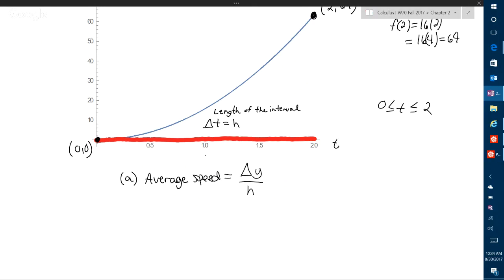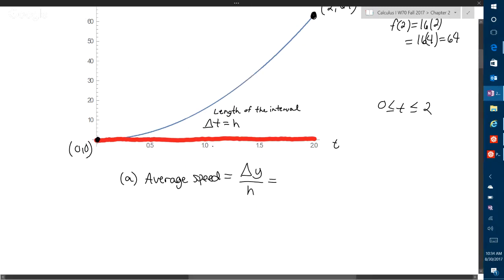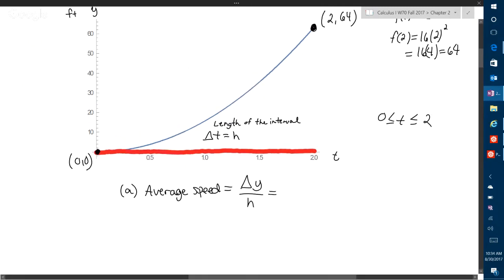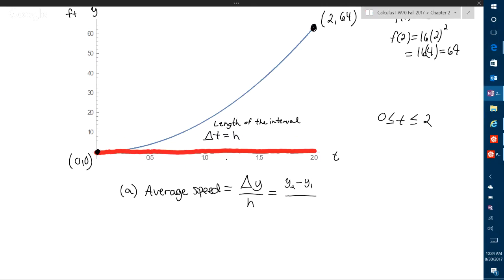I could put the other notation, change in t, but I want to get you used to seeing h. Now, for the change in y, that's y2 minus y1, divided by the length of the interval here on the t-axis. And we've already discussed what the length of this interval is. We know that that length is 2 units.